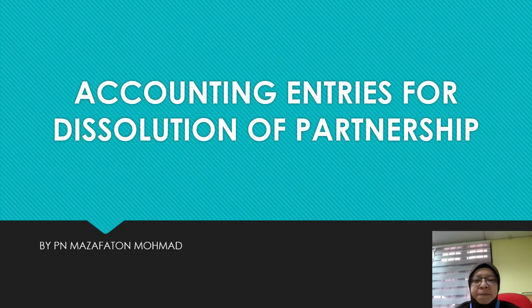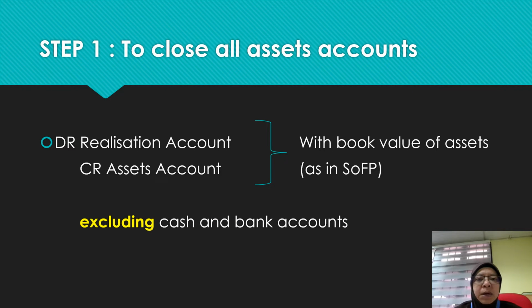of financial position. The first step is that we need to close all the asset accounts by debiting our realization account and crediting our asset accounts, using the book value as stated in our SOFP, except our cash and bank accounts.